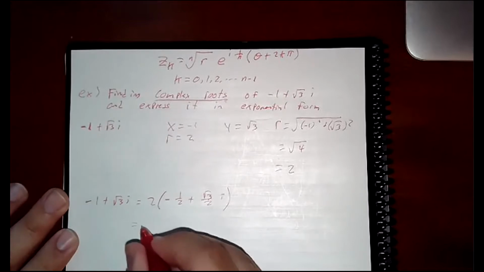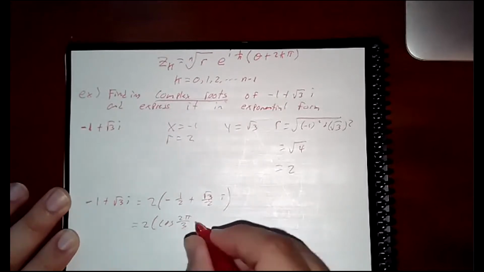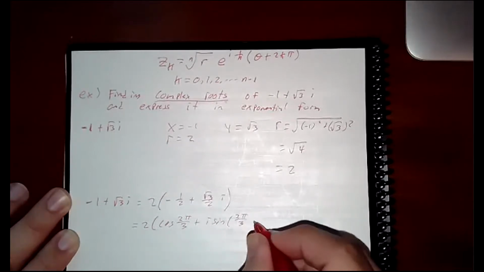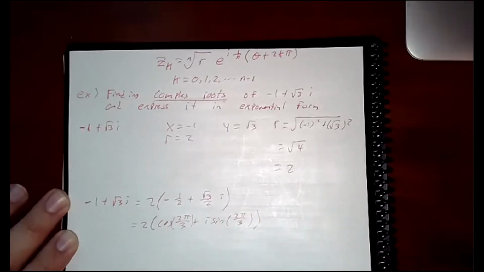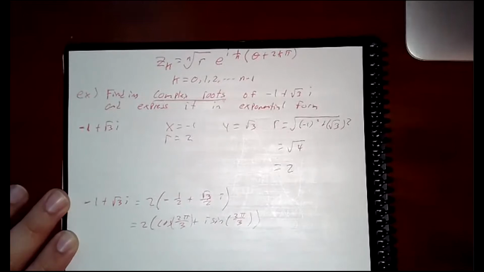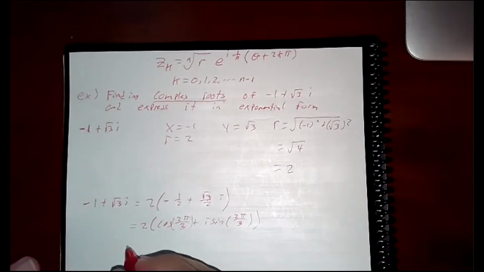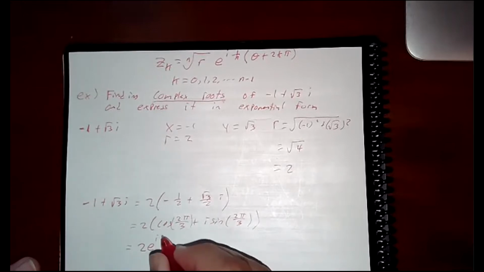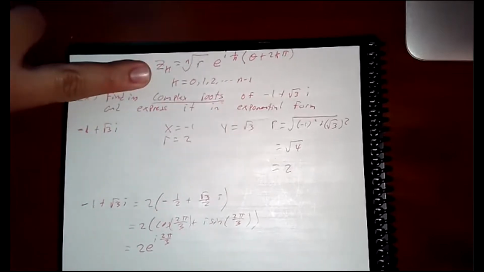I'm going to change this into cosine 2 pi thirds plus i sine of 2 pi thirds. Then go to exponential so we can start working with it. This would be 2 e to the i 2 pi thirds. So we're going to use this guy up here to help us out.